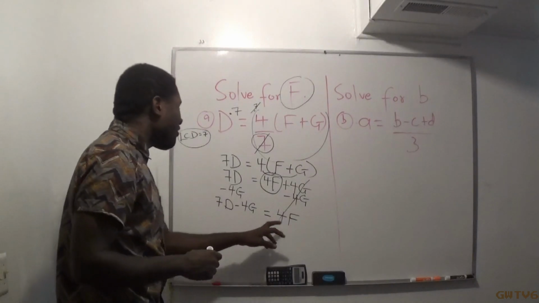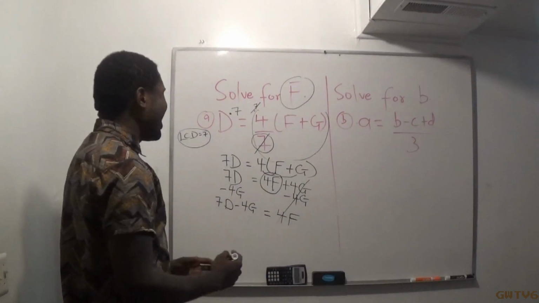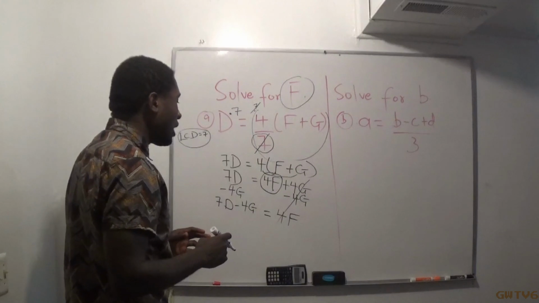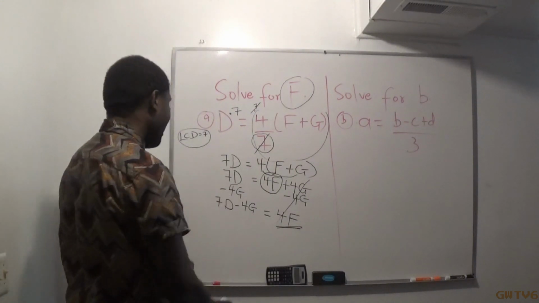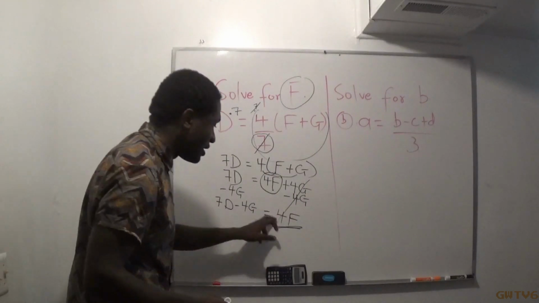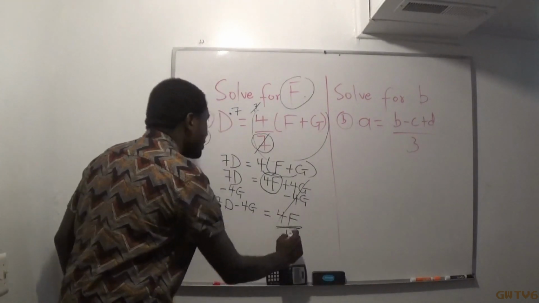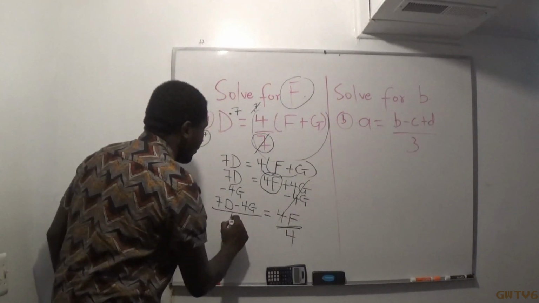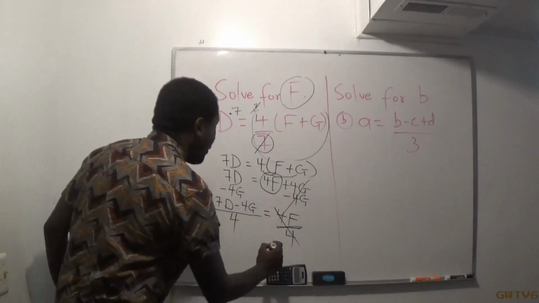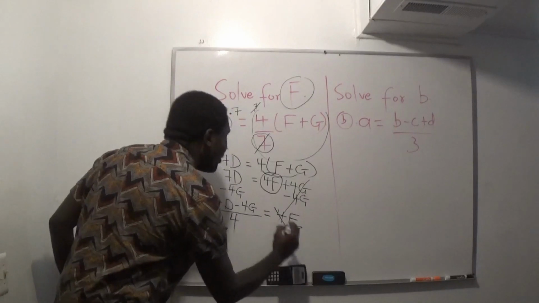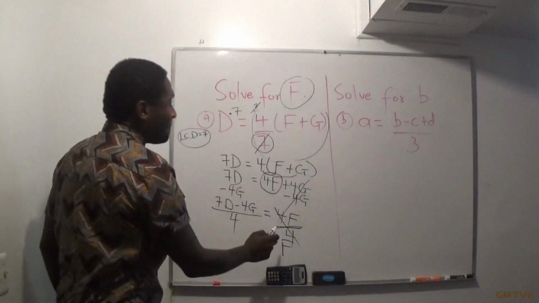Anytime I have a number with a variable, to get the variable by itself, I have to divide by the number with the variable, which in this case is 4. Whatever I do on one side, I gotta do the same thing on the other side. So I divide here also by 4. The 4's cancel out, and now I have the f that I'm solving for by itself.